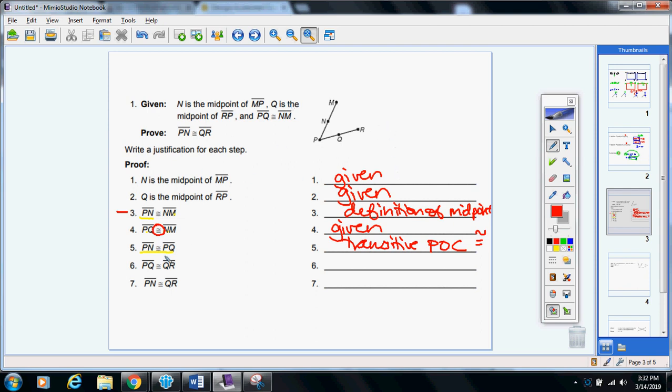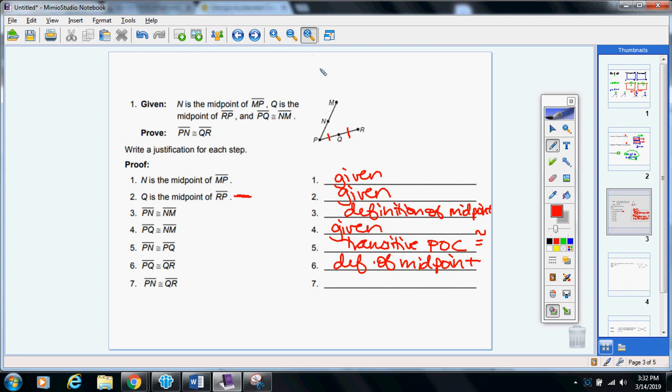Number 6 says PQ is congruent to QR, and that is going to be the definition of a midpoint. So let me go up here a bit. PQ and QR. If we've already established that Q is the midpoint of RP, that means that PQ is congruent to QR by definition of midpoint.